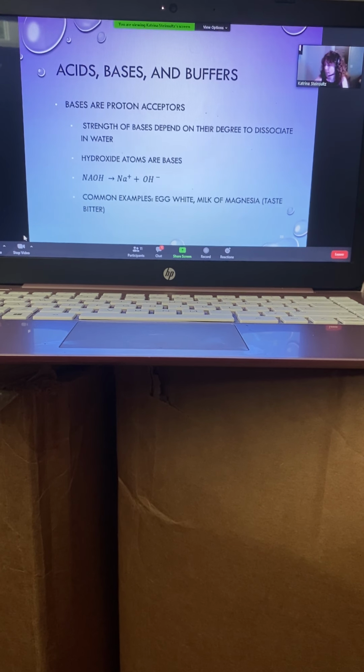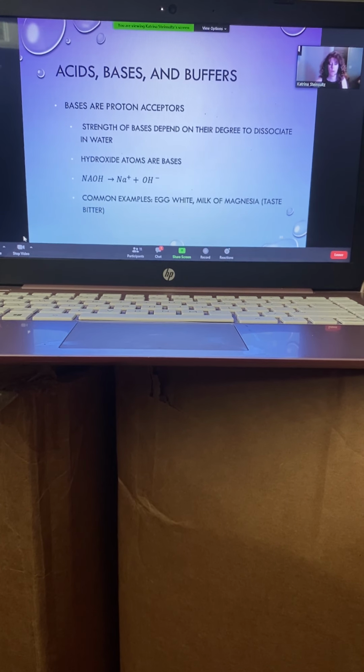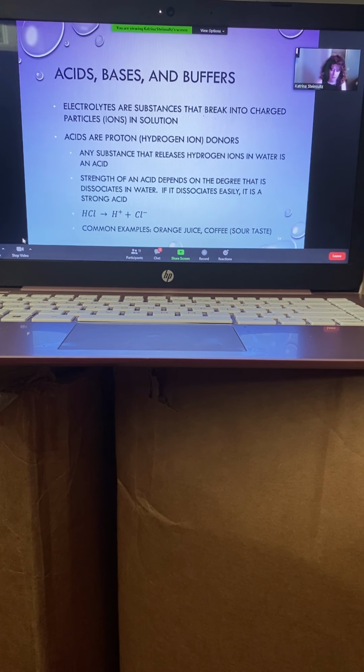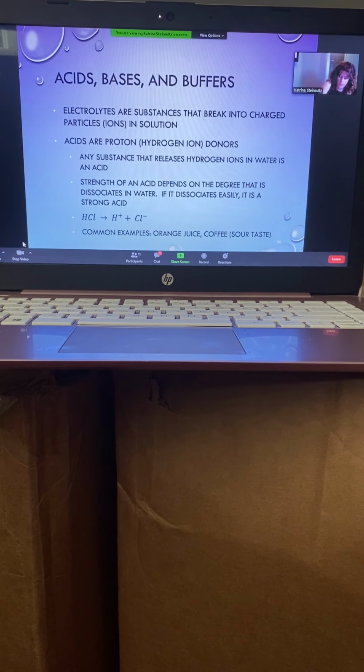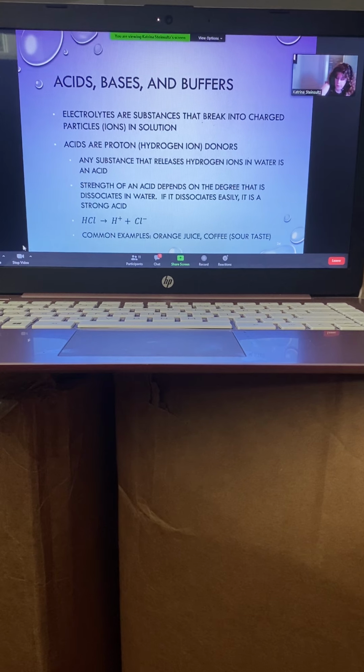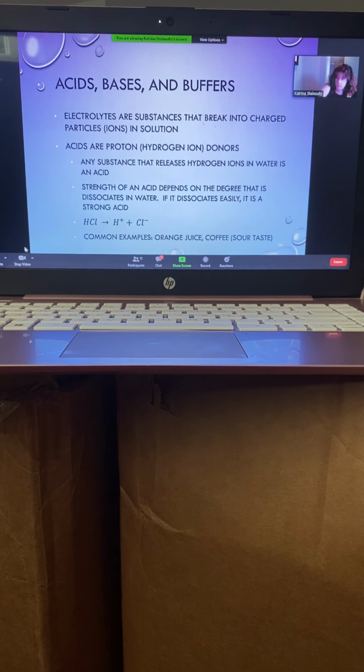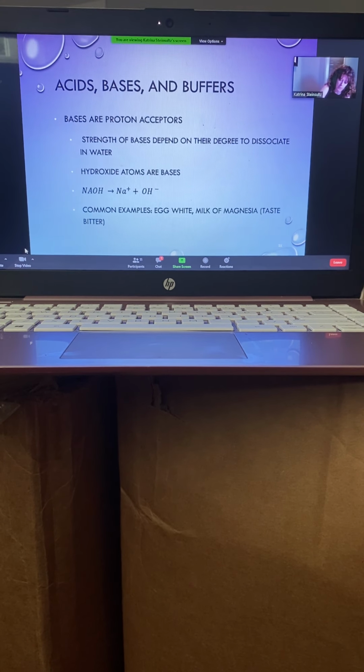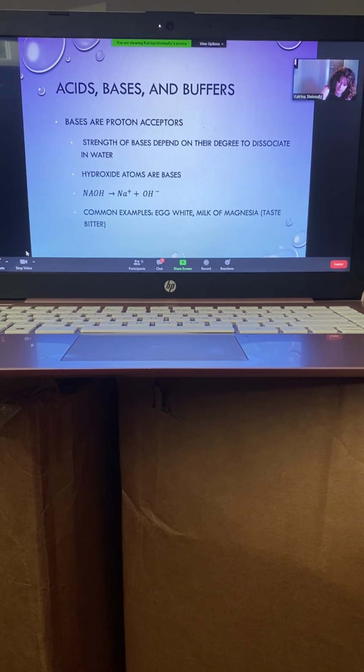So if you can imagine, let me get out my whiteboard here, we had our HCl that dissociates into H plus and chlorine minus, and we have our sodium hydroxide that goes into sodium plus and hydroxide.